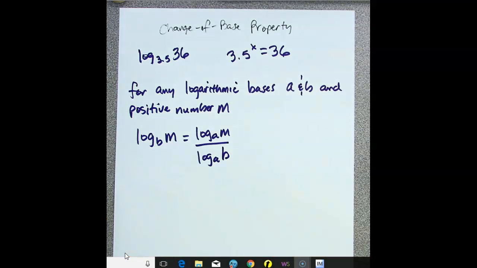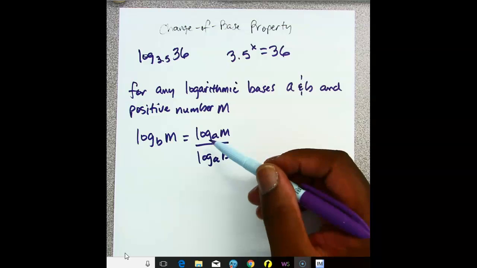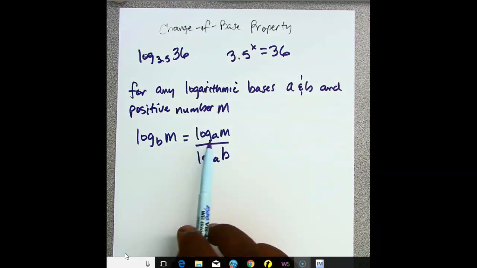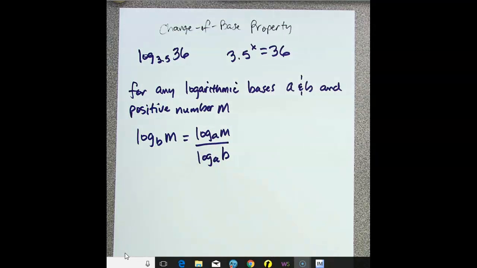What's really important here is that these bases are the same, but we have changed the base from b to a. So why is that important?